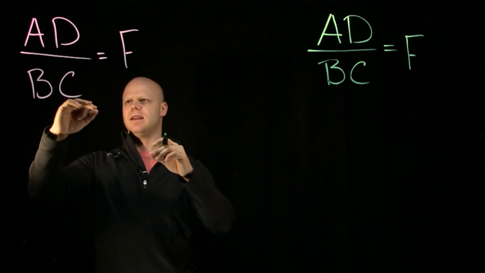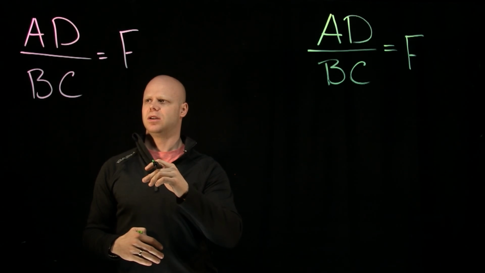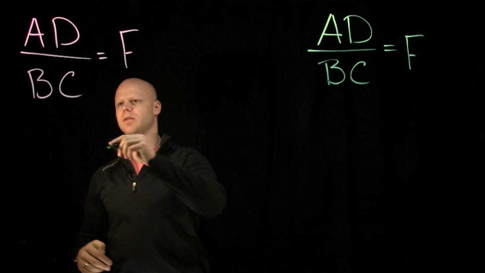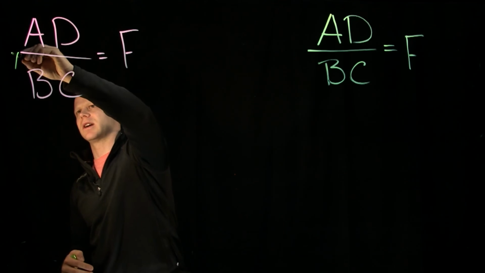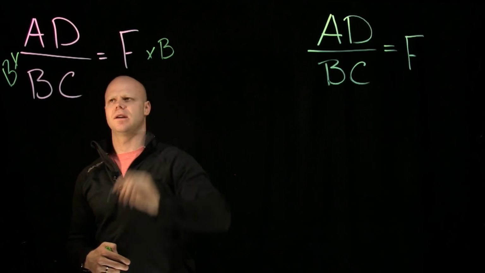So right now AD is being divided by B times C. So if we do the opposite, if we multiply this side by B, we can do the same here.